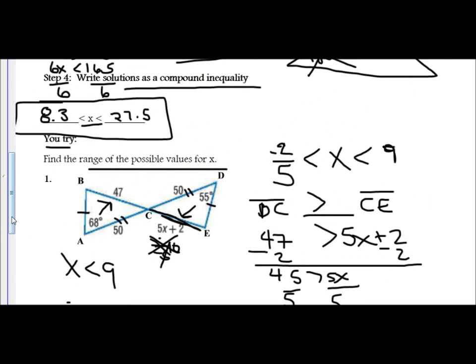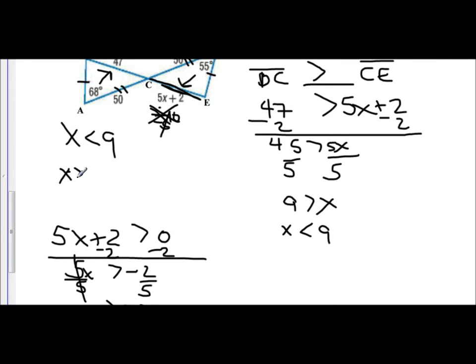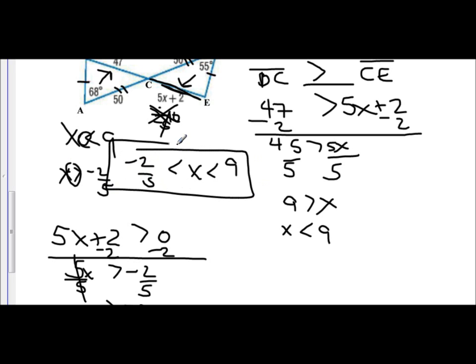Now to write that as a compound inequality, remember I have x is greater than a number, less than a number. So the less than part is 9, and the greater than part is negative 2/5. So my final answer should be that x has to fall anywhere between negative 2/5 and positive 9.